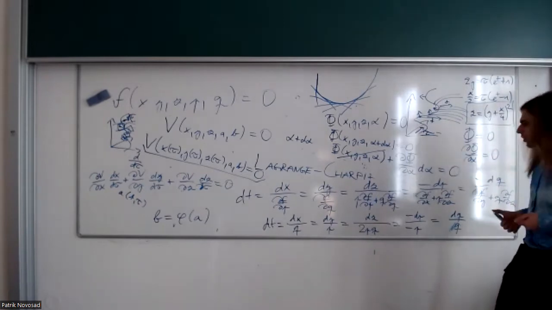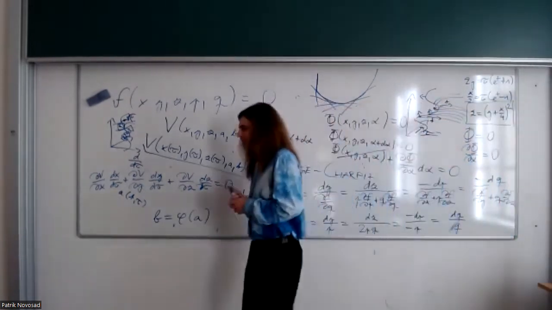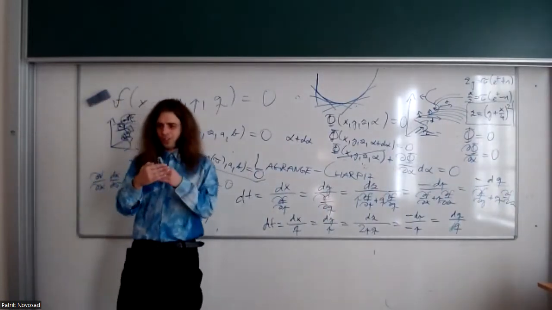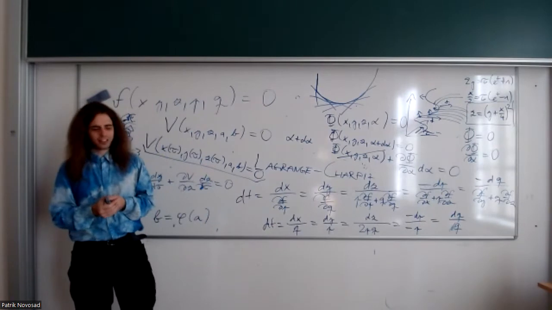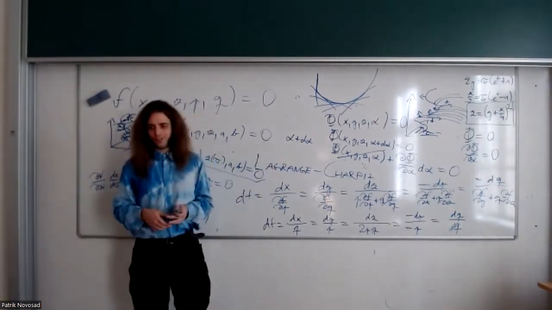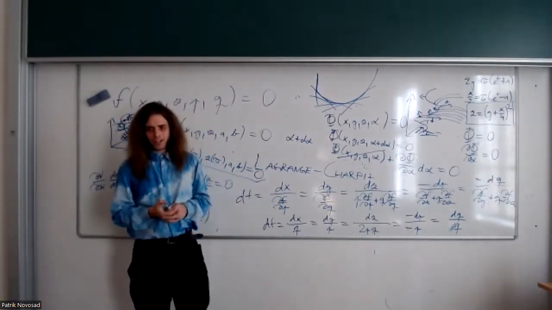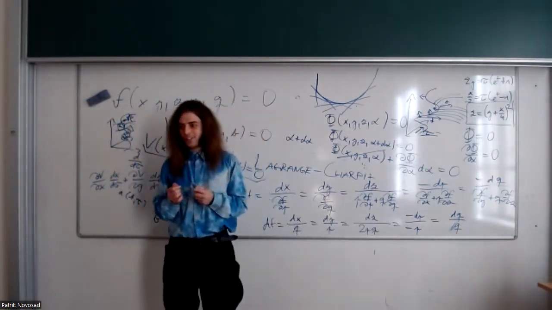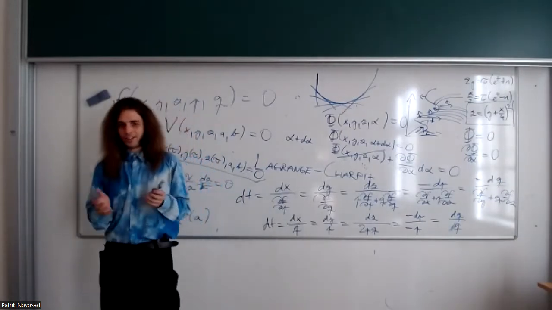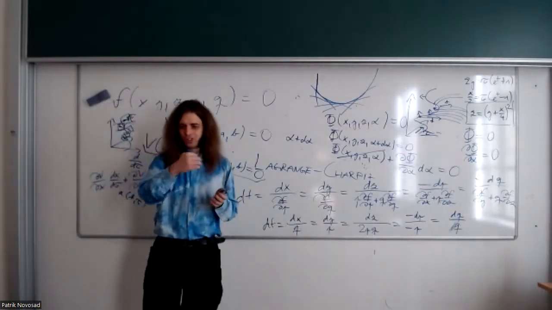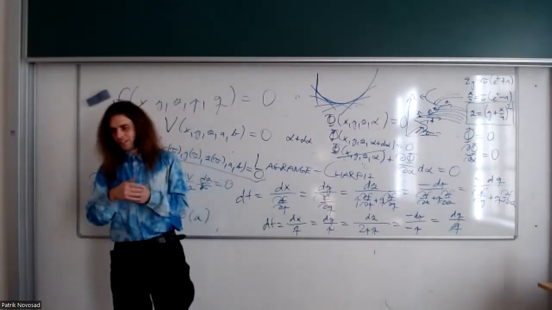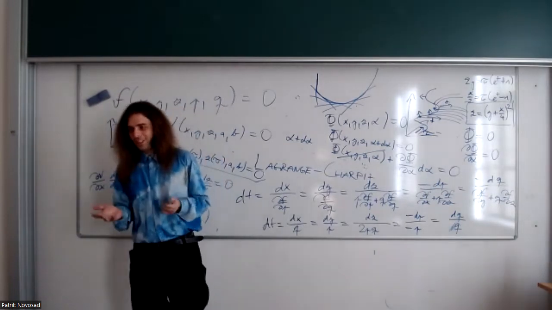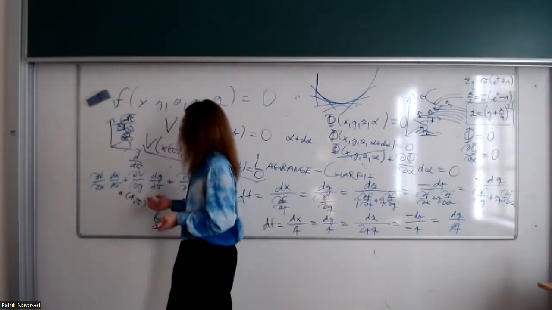So this set of two equations actually gives a line along which two neighboring surfaces of that family intersect for each given value of alpha. And what I now want to say is that the envelope is in fact formed by collecting all of those lines of intersection together.